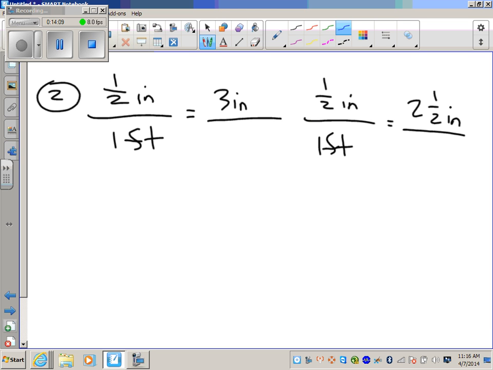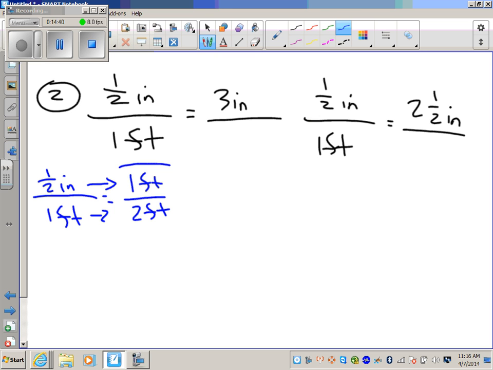Can I change the scale? Here's the scale that I have right now: 1/2 inch to 1 foot. Could I change the scale to make a 1 on top like I'm used to? We can try. Is there a relationship between 1/2 and 1? Times what? 2. 2 halves equal 1. So if I multiply the top times 2, the bottom times 2 is 2.